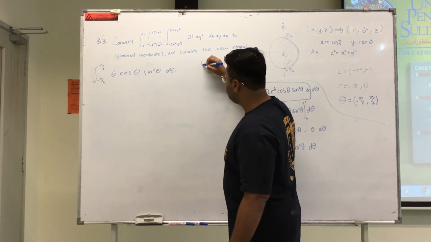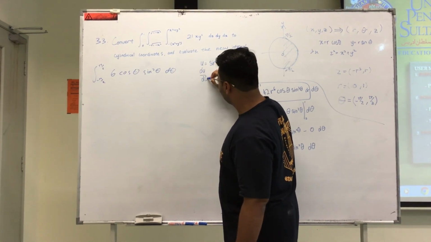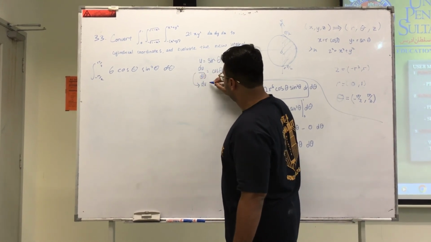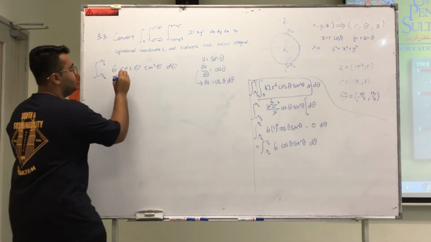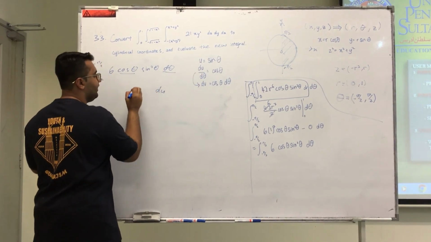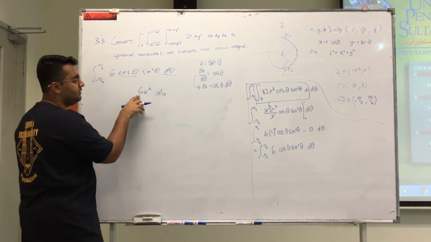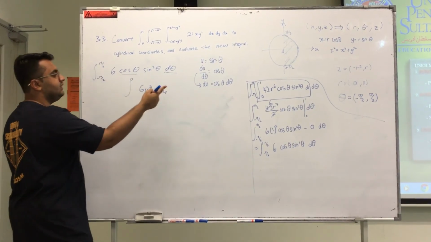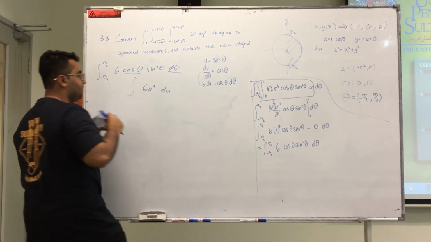So I just let u equal to sin theta, du d theta equal to cos theta, and du equals cos theta d theta. We have cos theta d theta, so it becomes du, and sin square is u square, and we just write out back the 6, so 6u square du. And since we change it to u, we are going to change the upper and lower limits as well.